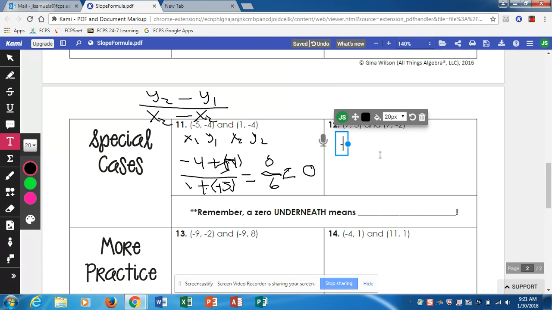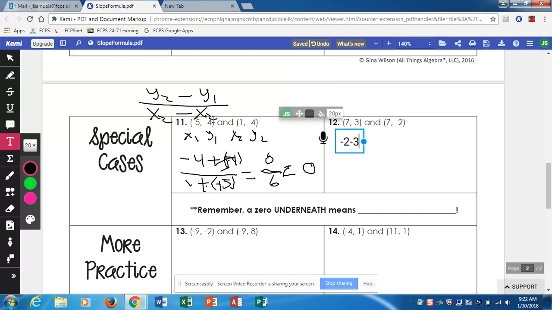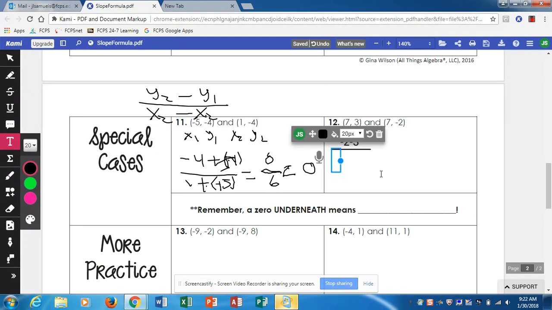So we have -2 minus 3 in our numerator. And we have 7 minus 7 in our denominator. Okay?